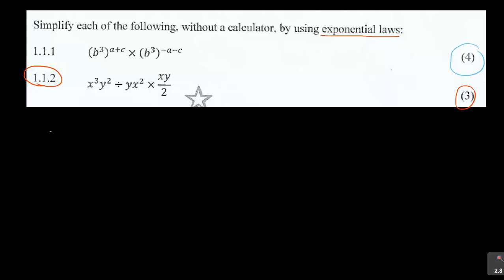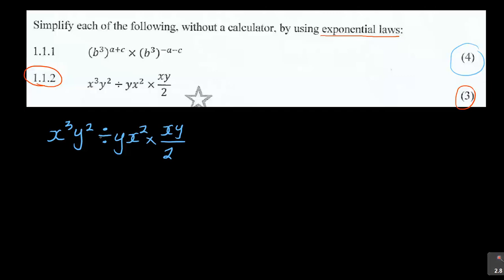If I look at that again, I've got x cubed y squared divided by y x squared times xy over 2. So this is what I'm given, and you just need to be sensitive with how you do your working in this case.